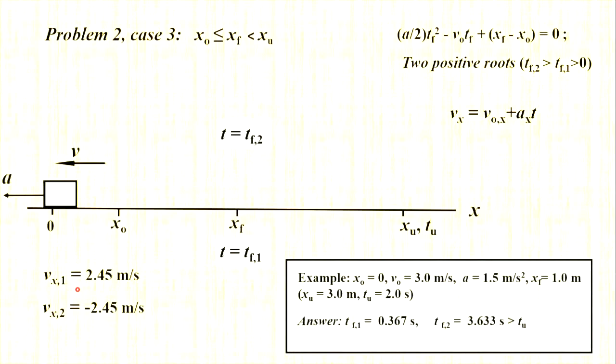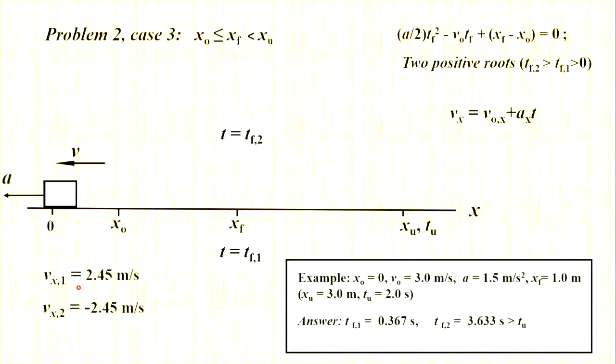On the way to the right, the x component of velocity is 2.5 meters per second, so it points to the right, and on the way to the left, the x component of velocity when the object passes this point is negative 2.45 meters per second.